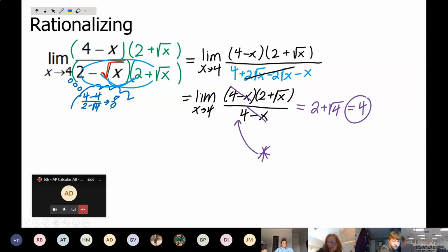Any questions on this problem? How come you don't do the plus and minus? Good question. There is a square root here, but I'm not doing the plus or minus because I am not solving the equation. You only do plus or minus square root when you take the square root, like the verb, taking the square root.